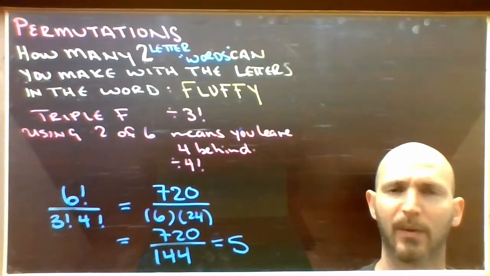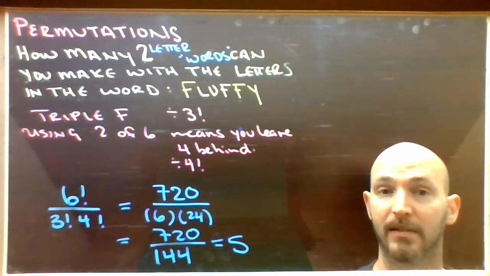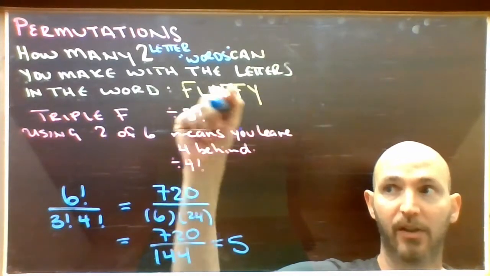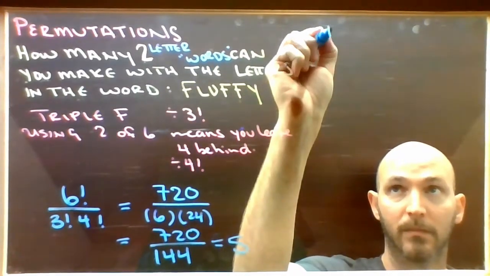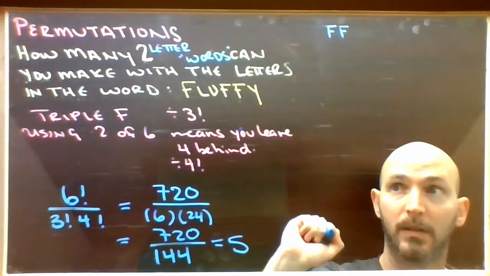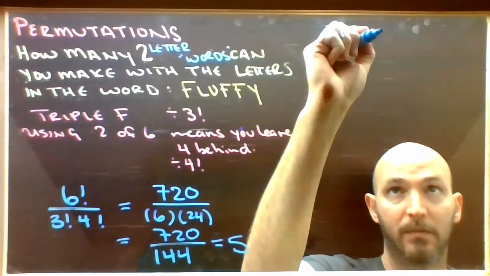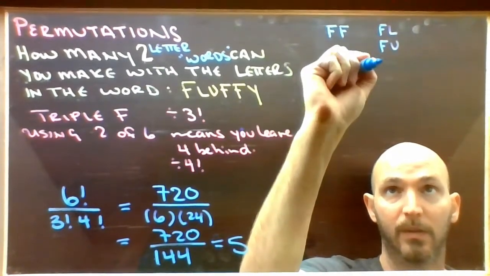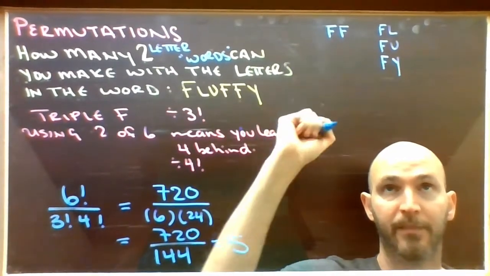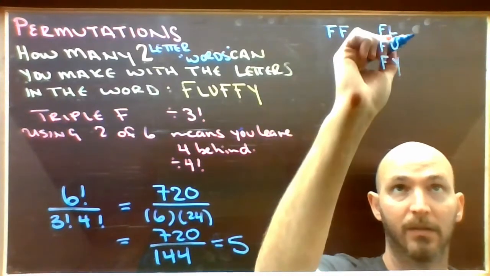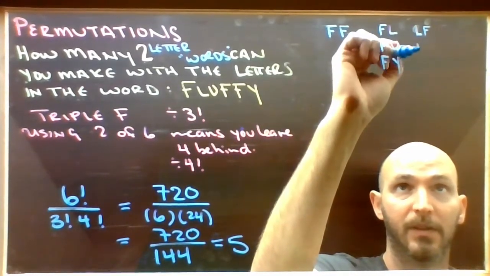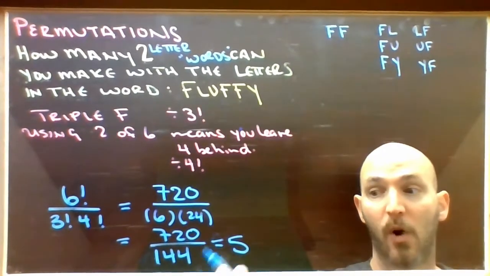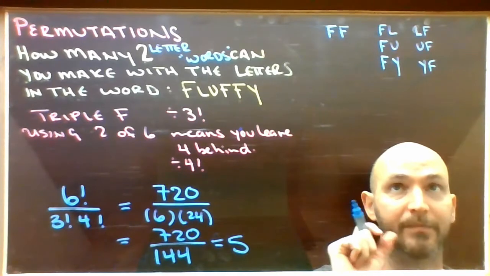But if I were to actually sit and make the lists of 2-letter words I can make from these letters, well, I could use 2 F's, or I could use 1 F with the L, or 1 F with the U, or 1 F with the Y. Or I could switch the order, the LF, UF, YF. Well, I'm already over 5 and I'm not done yet.